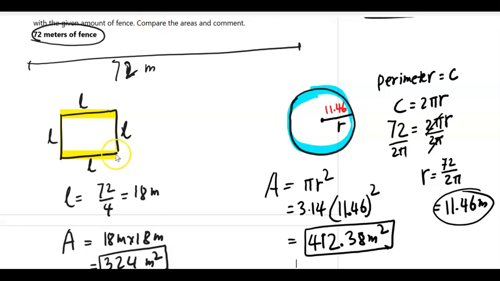If you compare, obviously if you want to make an enclosure using 72 meters of fencing, it's better to make a circular enclosure because that covers more area. So that's why you compare. The comment is that with the same length, a circular enclosure has more area than a square enclosure.